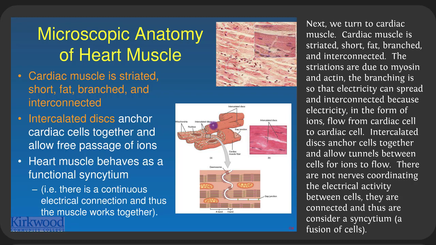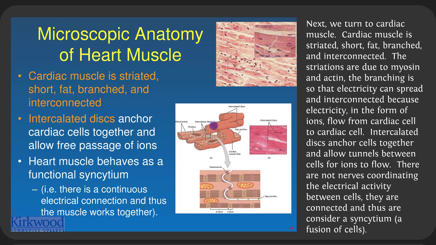The striations are due to myosin and actin. Remember that from skeletal muscle. The branching is so that electricity can spread. So we start our signal to have our heart contract at one place called the SA node, and that signal has to spread. For the signal to spread, the muscle has to have branching. The cells are also interconnected because the electricity has to flow from cell to cell to cell.